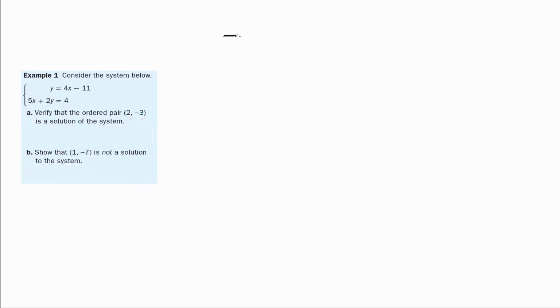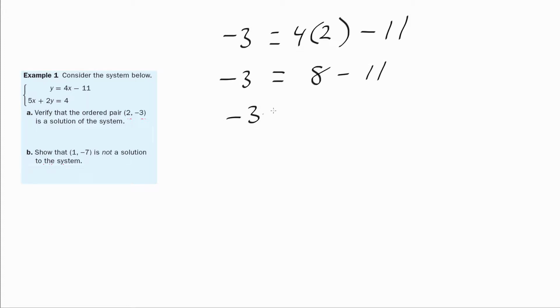So for our upper equation, we have negative 3 equals 4 times 2 minus 11. And 2 times 4 is 8. Negative 3 equals 8 minus 11. Negative 3 equals negative 3. Good, we've got it done here. It works. So our first problem checks.